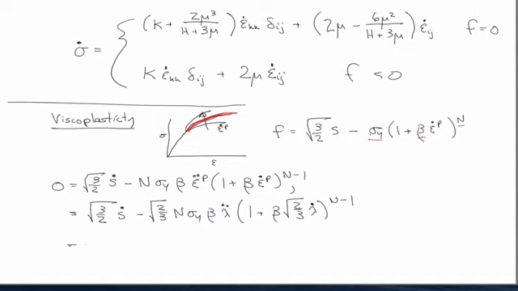And so then I have S dot is equal to 2/3 n sigma y beta lambda double dot 1 plus beta square root 2/3 lambda dot n minus 1. And if I plug that into star, what I get is an equation that looks like this.